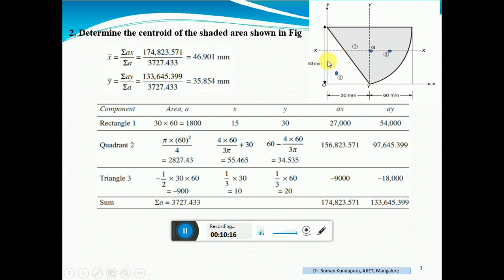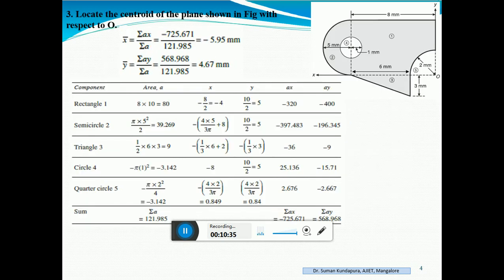Only the triangle area you are subtracting, so it is minus 900. That gives 3727.433. Substitute in these equations. Find out what x bar and y bar are. Okay, so this is how we find the centroid of the shaded portion.